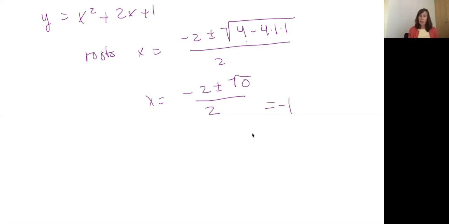So what this is saying is that this particular quadratic function has only a single root. Now, if we had used just the guess and check method, or it wouldn't even really be guessing, we just might have remembered that x squared plus 2x plus 1 is a perfect square. That's (x plus 1) squared.